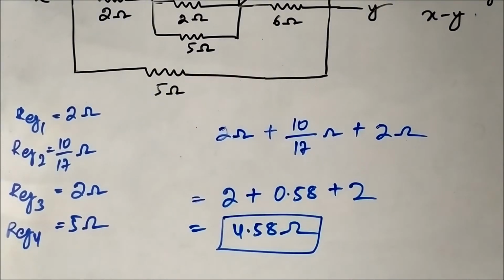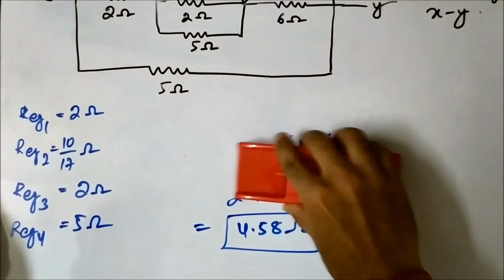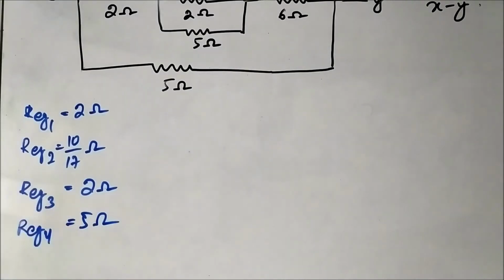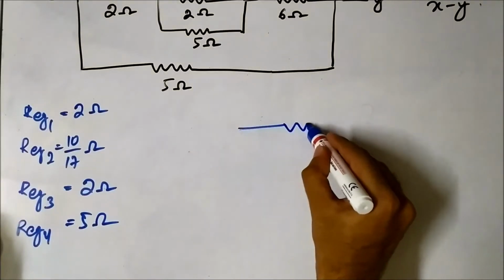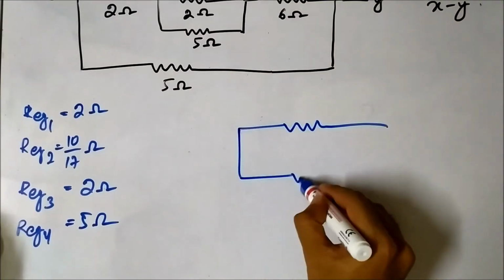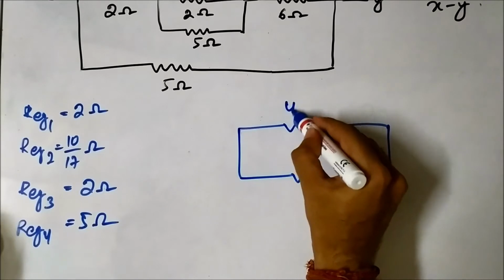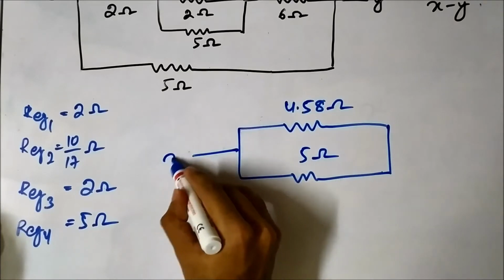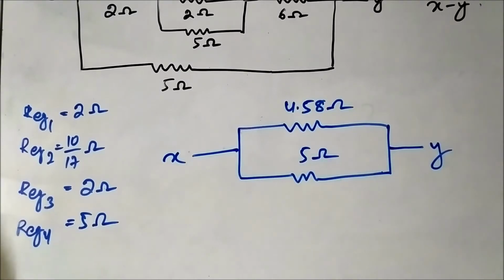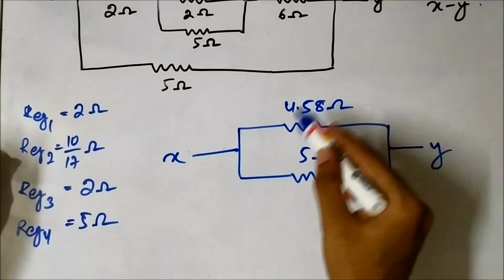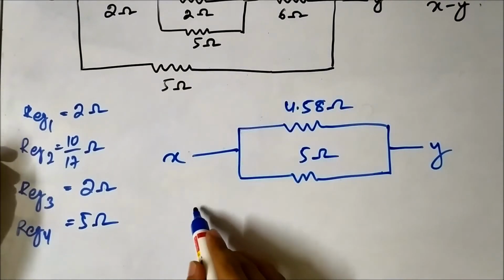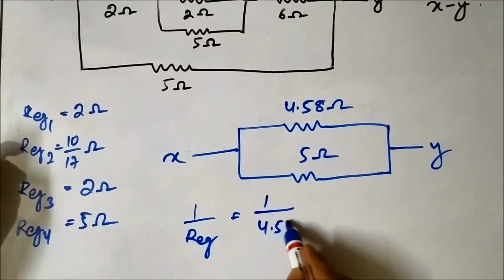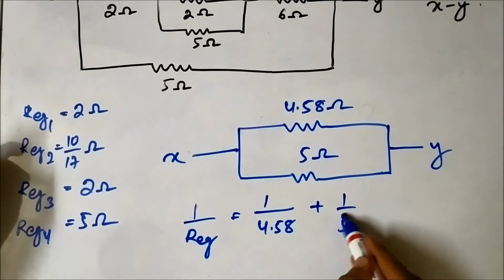Okay, so let's see. The circuit now gets reduced to this: 4.58 ohm, and this is 5 ohm, X and Y. So now the equivalent resistance of this circuit is 1 by R equivalent equal to 1 by 4.58 plus 1 by 5.